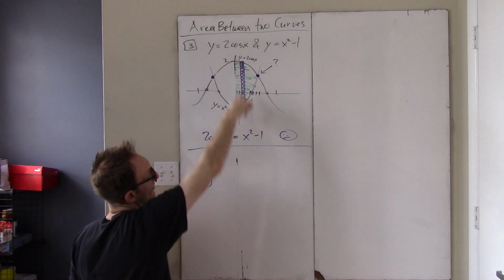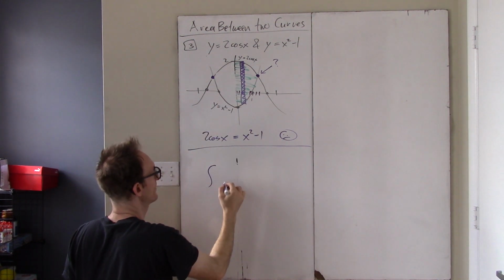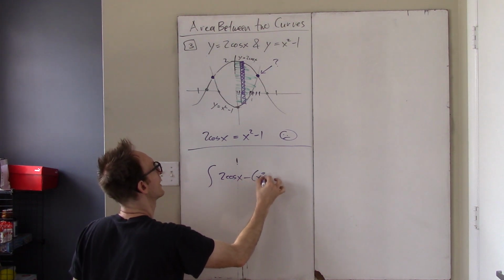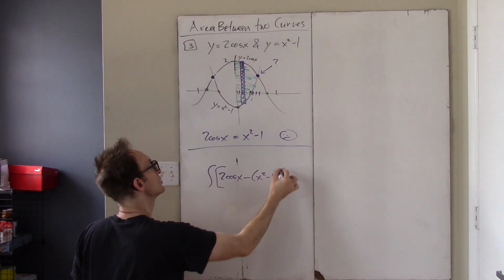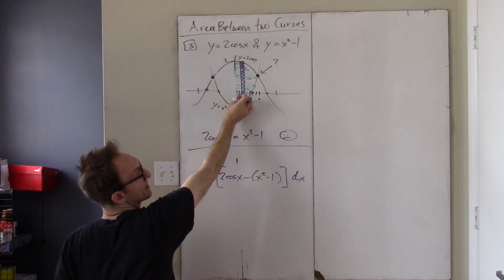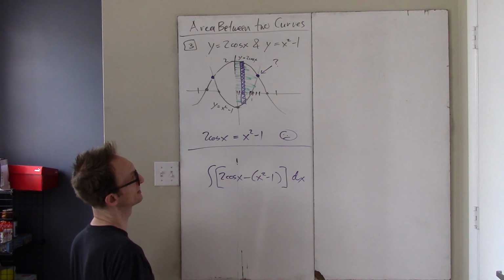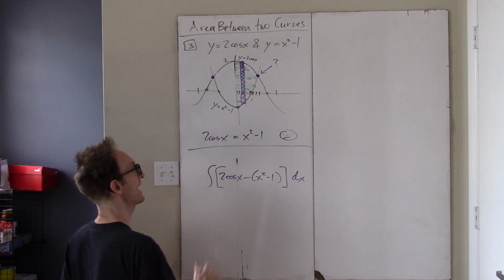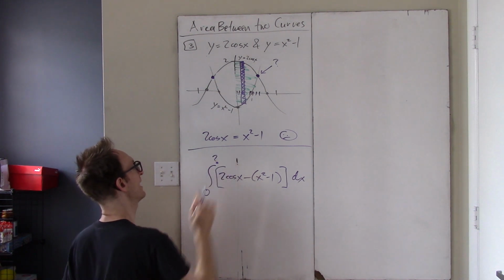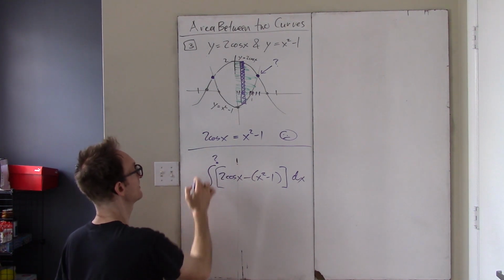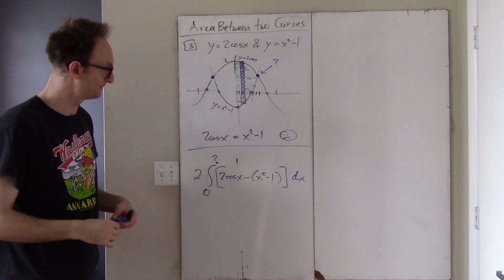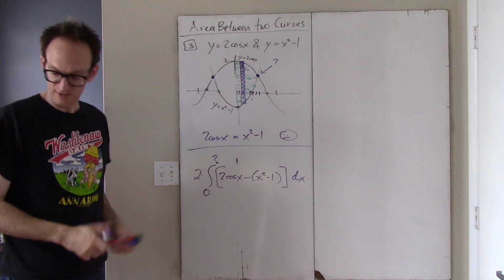I'm summing a bunch of rectangles whose heights are 2 cosine x minus x squared minus 1, and whose widths are delta x, the infinitely thin width of one of those subintervals. 2 cosine x minus x squared minus 1. And I'm going to do it from 0 to, okay, this is what I need to figure out, and then I'm going to multiply by 2 because I'm saving some work by observing that this function's even.